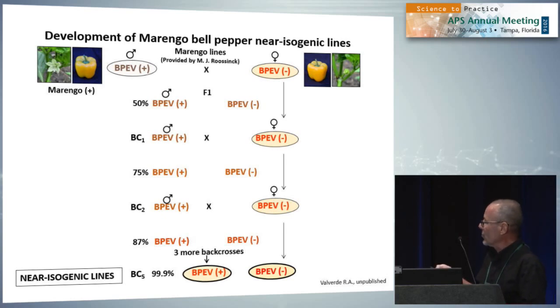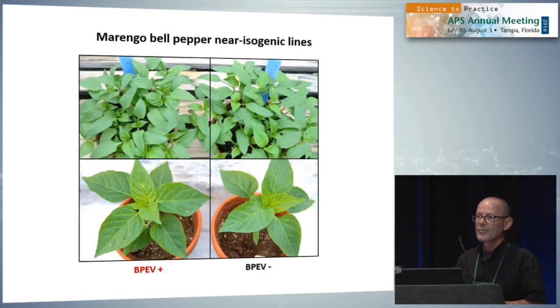What I did is cross the line that contained the virus with the negative line, and by using the backcross breeding method, after many backcrosses, as you can see here, I was able to develop near isogenic lines, which essentially are 99.9% genetically identical, except for the presence of the virus. So in a way, I transmitted the virus from one plant to another one. So now we can conduct comparative studies, which are more reliable.